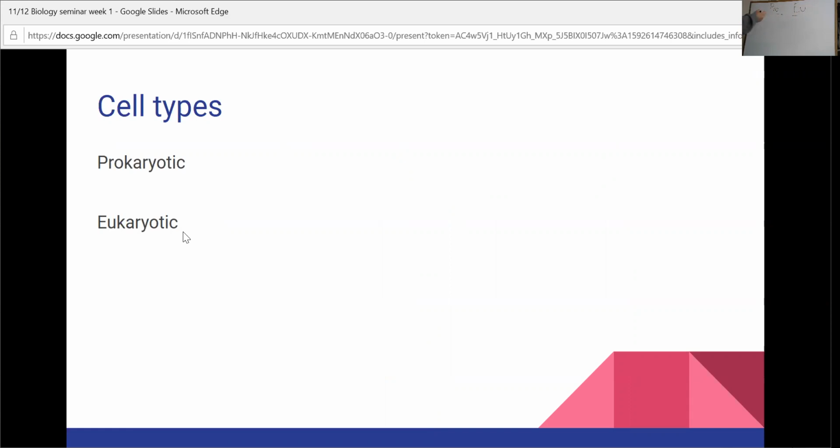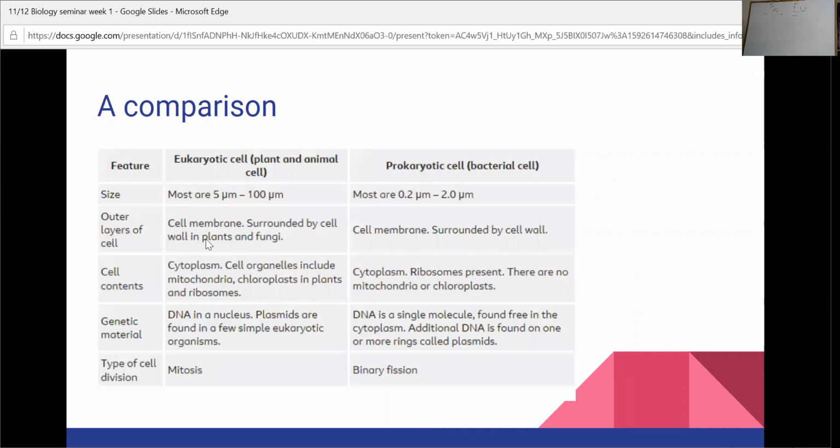Prokaryotic are simple, unicellular, and have no membrane-bound organelles.